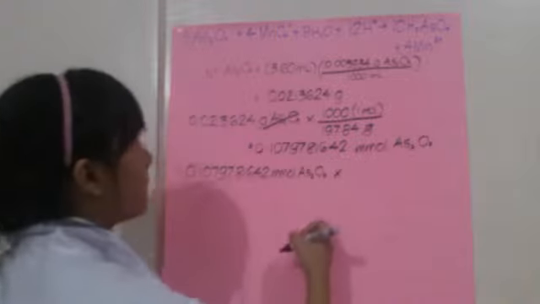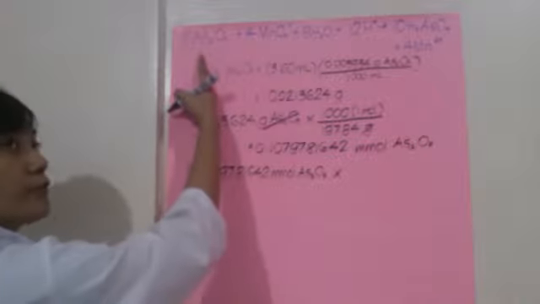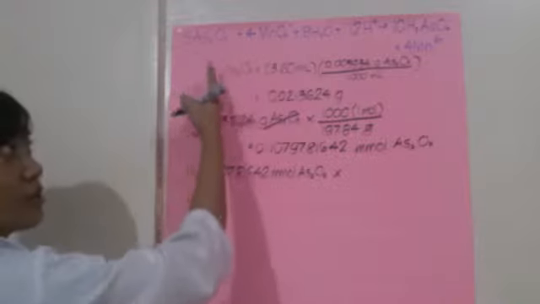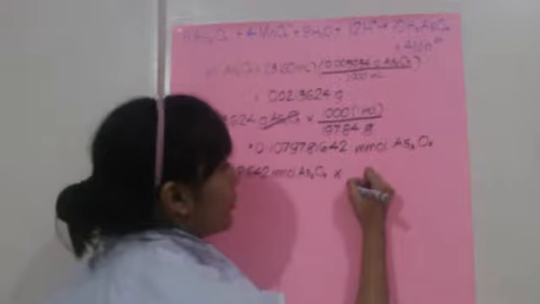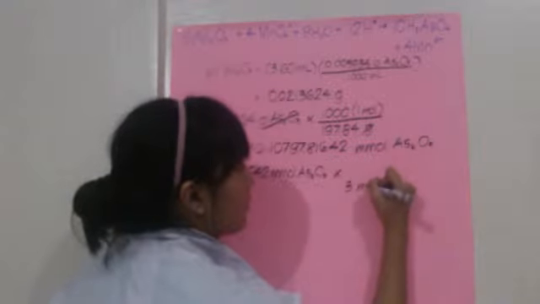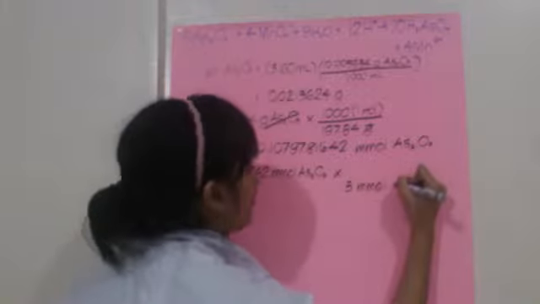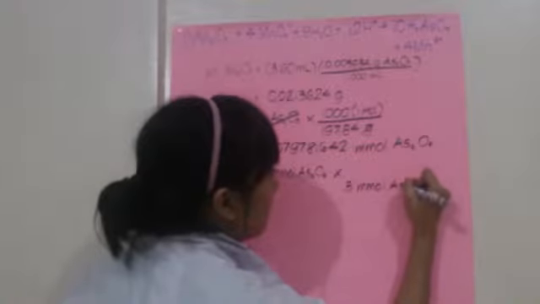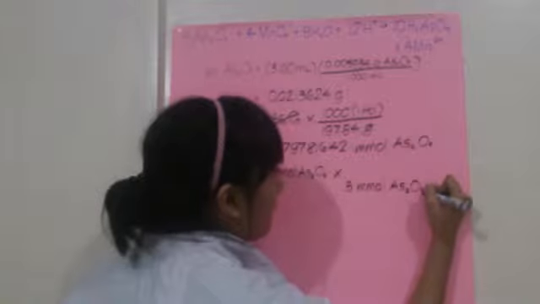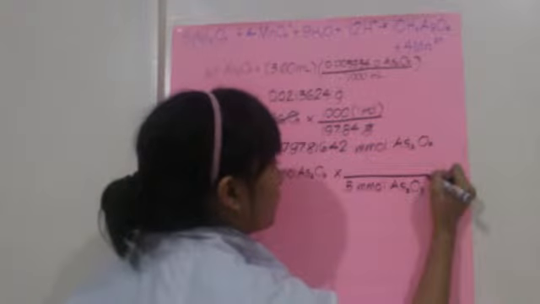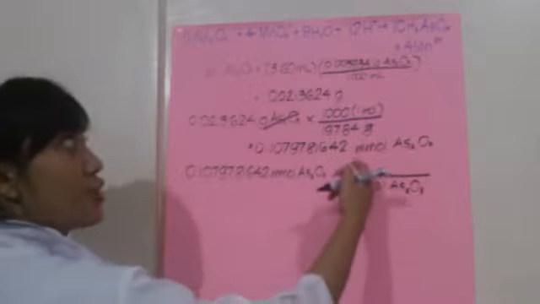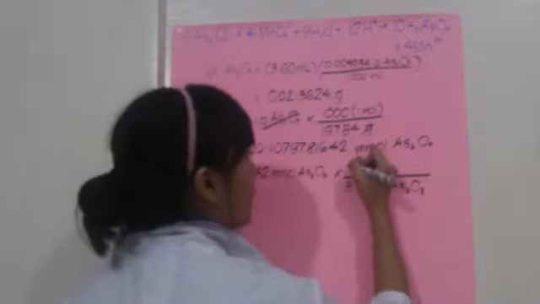Multiplied by, since the number of millimole of As2O3 would be 5, would be placed here, over its ratio with the MnO4, which is 4.